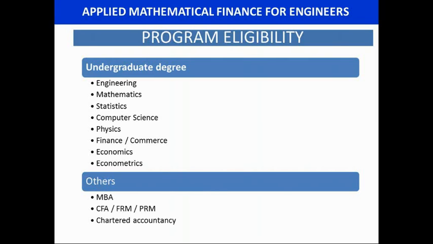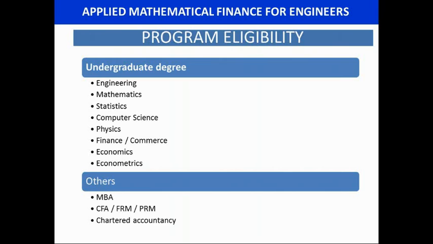Now, the admission to this program is that one needs to have an undergraduate degree in one of the disciplines like engineering or mathematics or statistics or computer science, finance or commerce, with mathematics or statistics as one of the subjects.